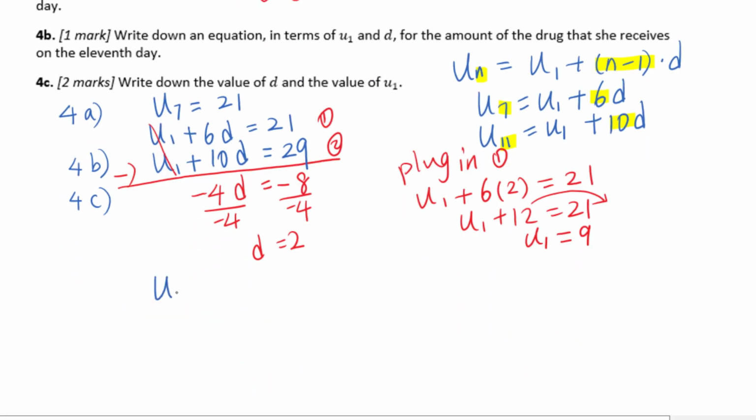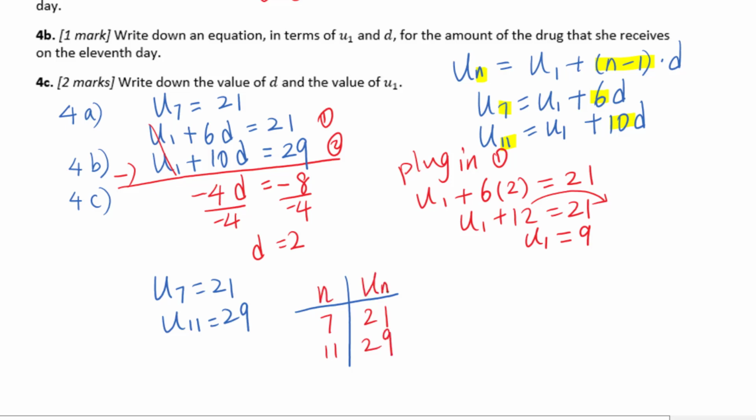We can also use a graphing calculator to figure this out. We know u7 equals 21. u11 equals 29. We can set up the coordinates: 7, 21, 11, 29. This is n, this is un.